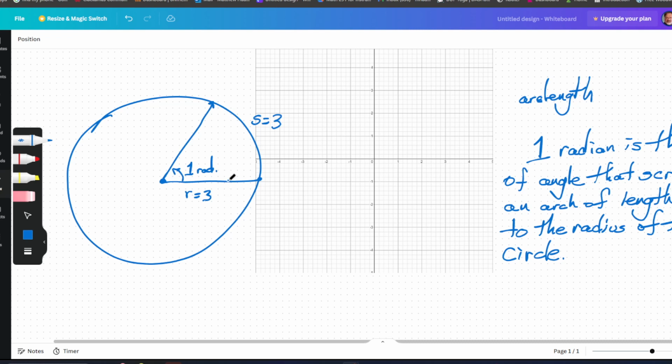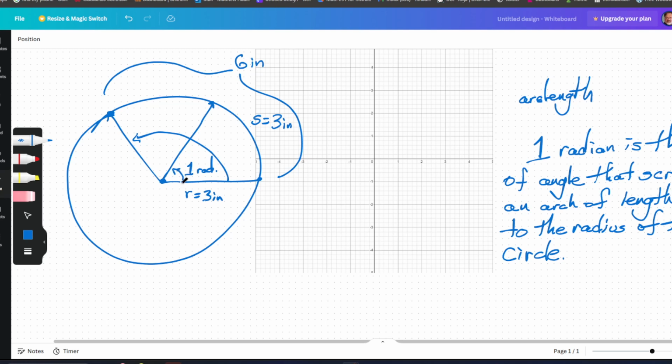But what if we made an angle that made this big arc length here 6 units? And we might say this is inches, if you want, units.